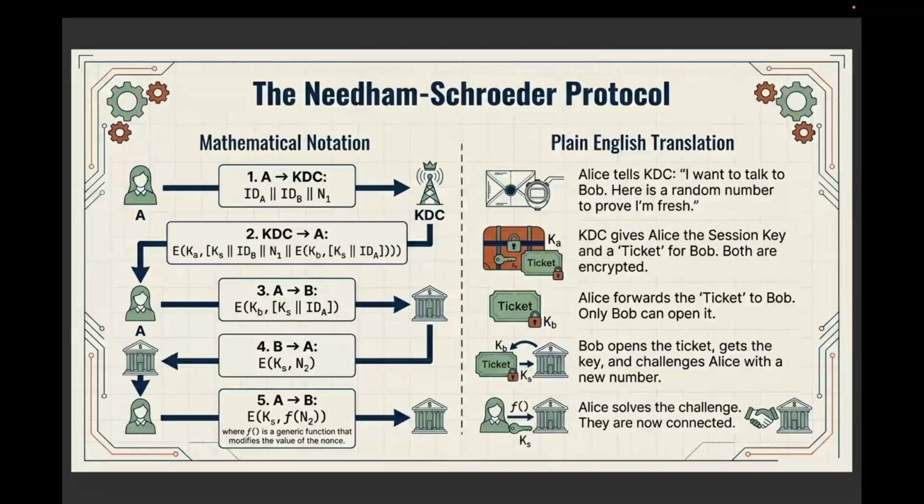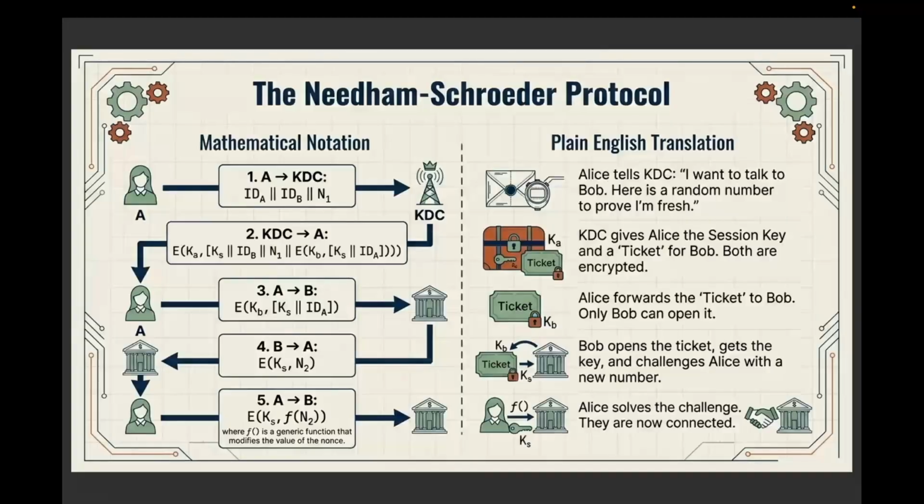KA is the master key shared between Alice and the KDC, and KB is the master key shared between Bob and the KDC. KS is the session key generated by the KDC. N1 and N2 are nonces, which are random numbers. E(K, X) means encryption of message X using key K.